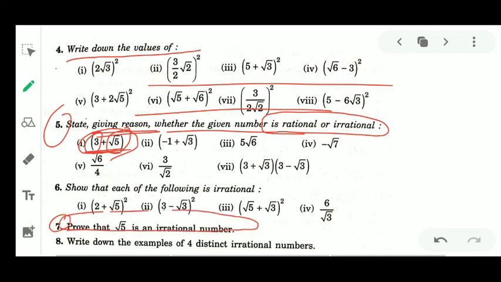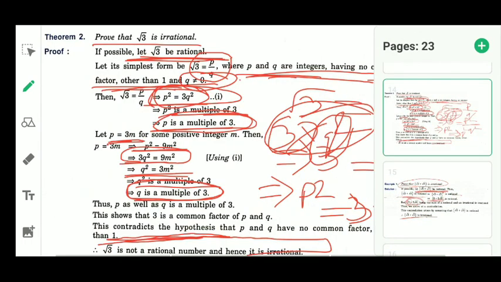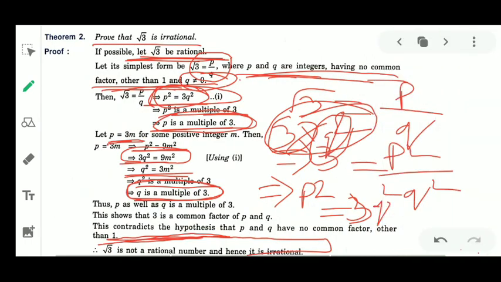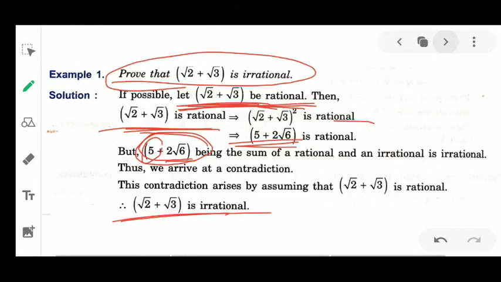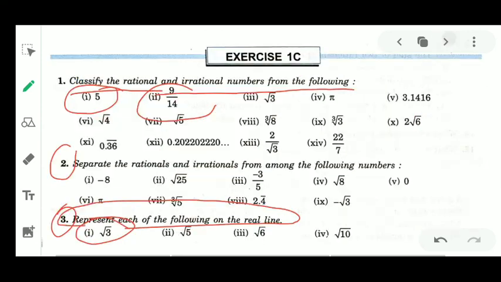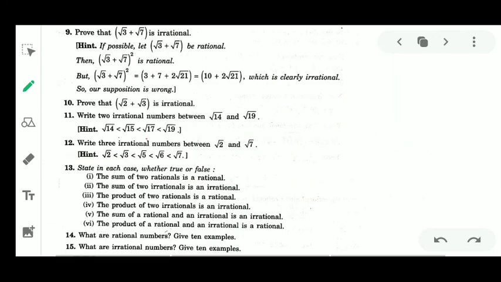This is also like what we have drawn in theorem 1 and theorem 2. Prove that root 3 is an irrational number and root 2 is an irrational number. Question number 9. Prove that root 3 plus root 7 is an irrational number. This is also the same as example 1. Question number 10 is also the same as question number 9.